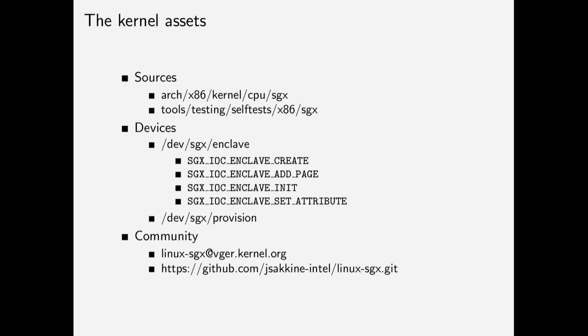So basically, that works in a way that you open the provision file and then use the set attribute ioctl to grant the access. And when you open that enclave file, you already have the enclave. The file descriptor has like direct binding to the enclave.